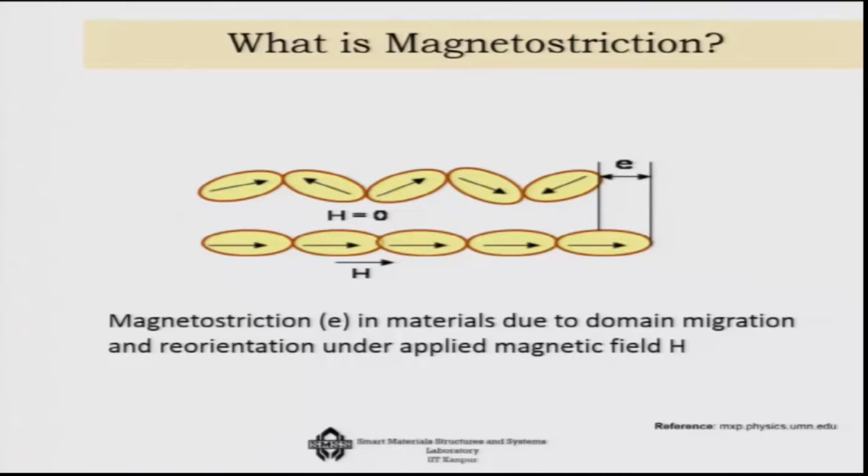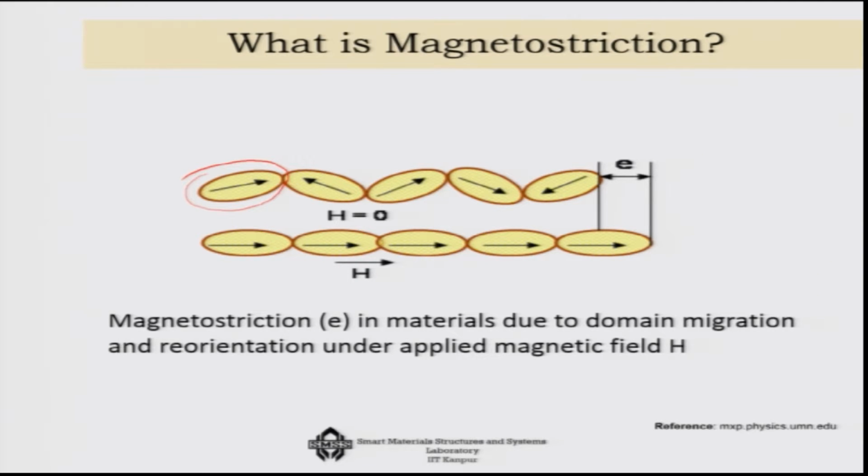Now, what is magnetostriction? If you know the domain theory that you studied in your school days, about the presence of magnetic domains in a magnetic material, then each one of these beads is actually a magnetic domain, and the direction of the domain magnetism is shown with these arrows, very similar to when I showed you the dipole direction of polarization.